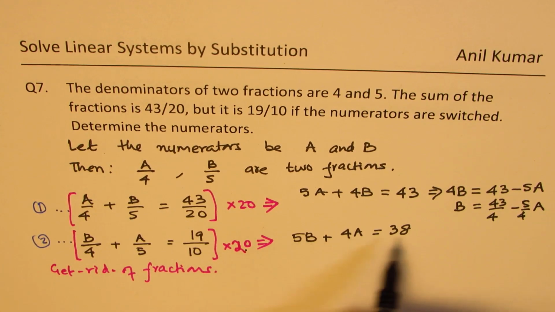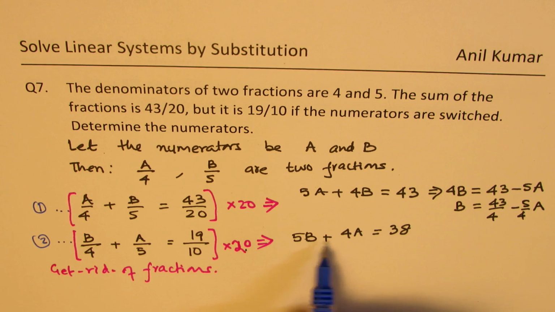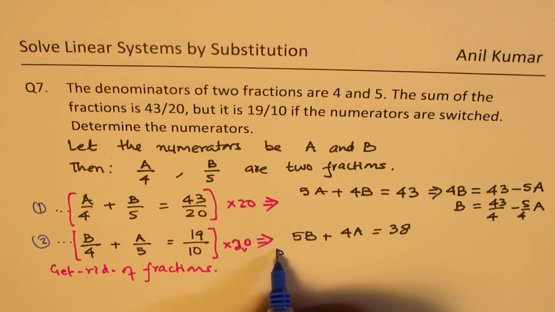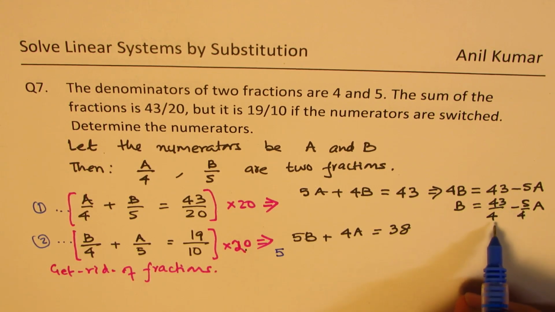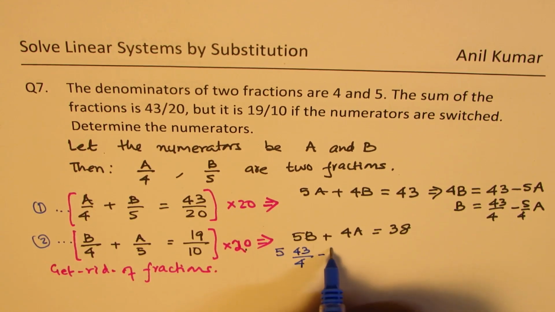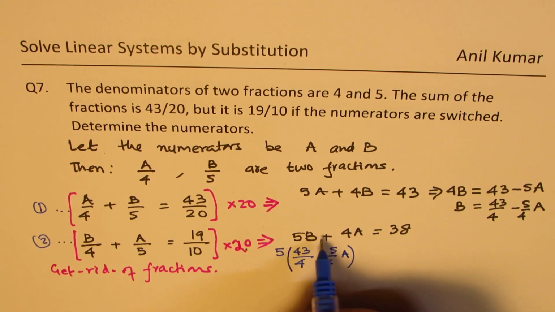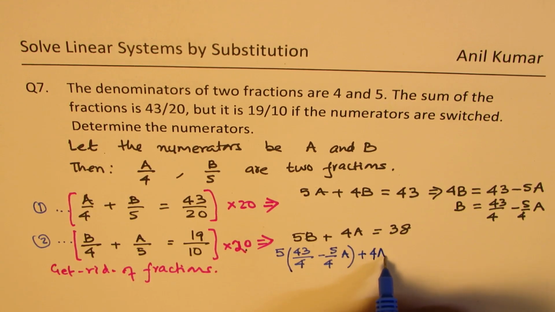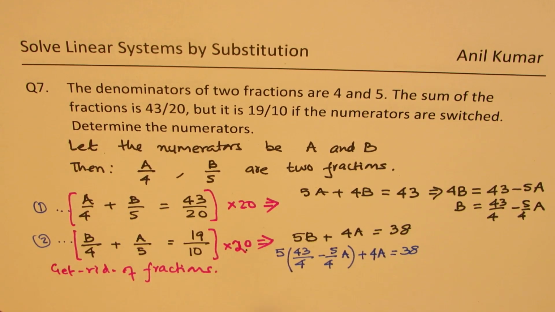So when I substitute b here, we get 5 times the b value, which is 43 over 4 minus 5 over 4 a, plus 4a equals 38. Is that clear to you? So that's what we get.